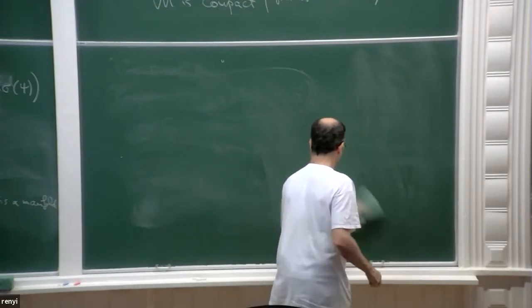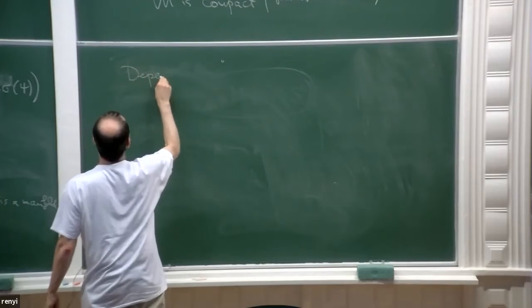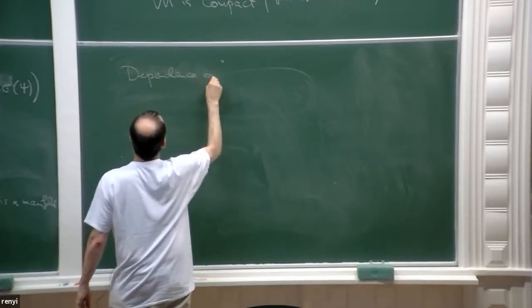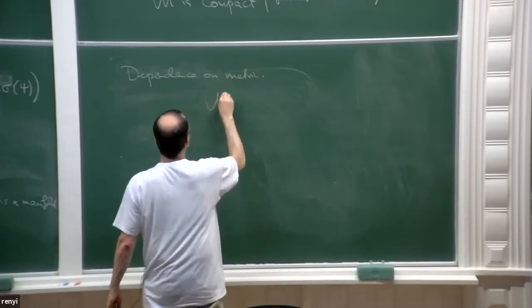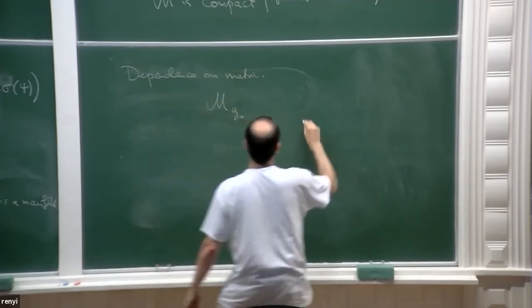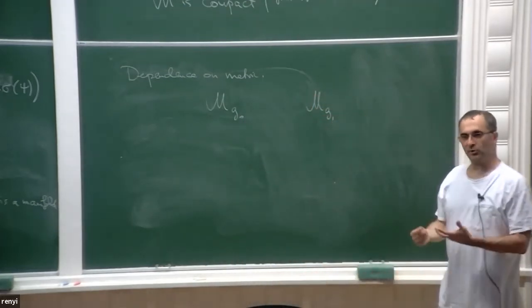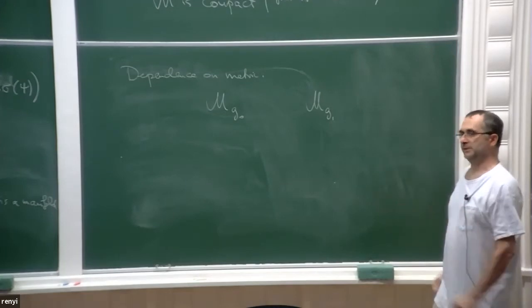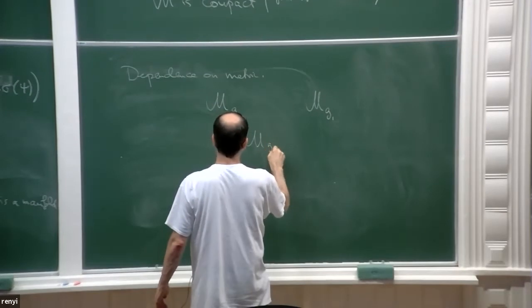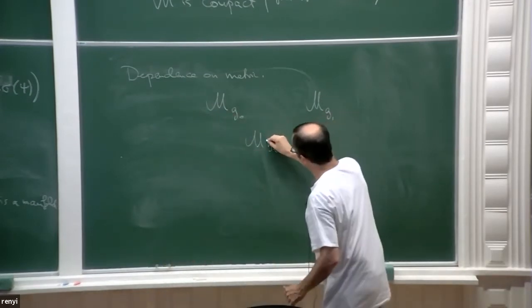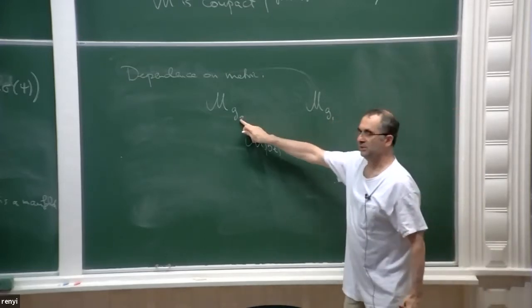So how does it depend on the metric? We have M corresponding to some metric G0 and some other M corresponding to G1. And for a fixed spin C structure, we can consider M_{G_t}, where G_t is a one parameter family of metrics connecting G0 to G1.